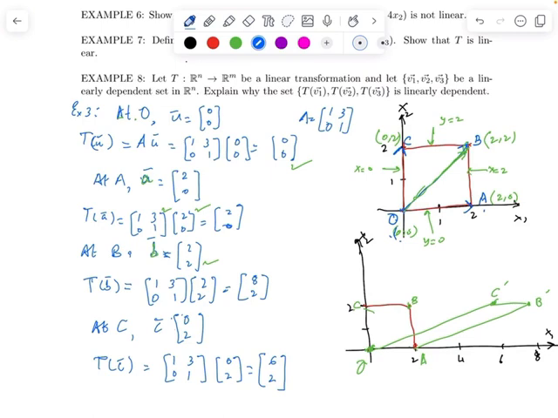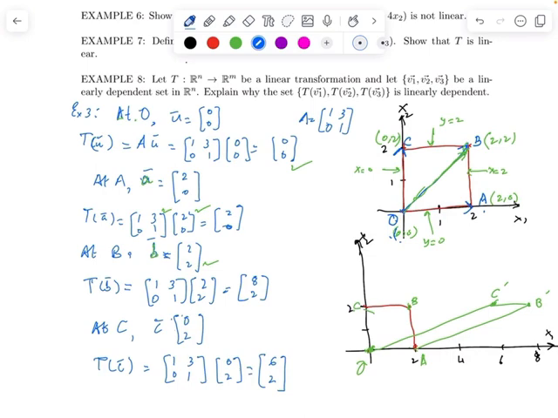I call the vector U. And when you find T of U, we end up getting the same thing, 0, 0. So it means the point O, or the origin, stays where it is. At the point A, let's call the vector A. So A vector is 2, 0.